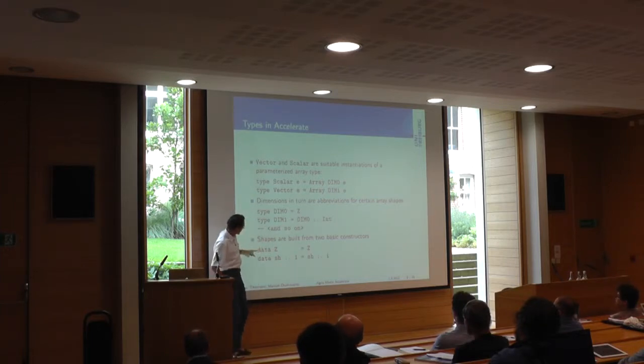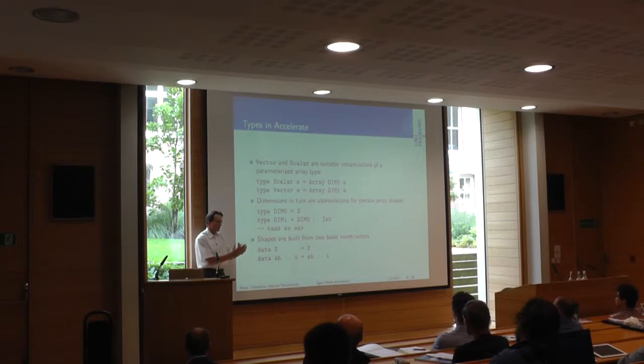Essentially below it there are two data types. One is Z, which stands for the empty dimension, and then there is another data type with an unpronounceable constructor that just allows you to stash on another dimension.